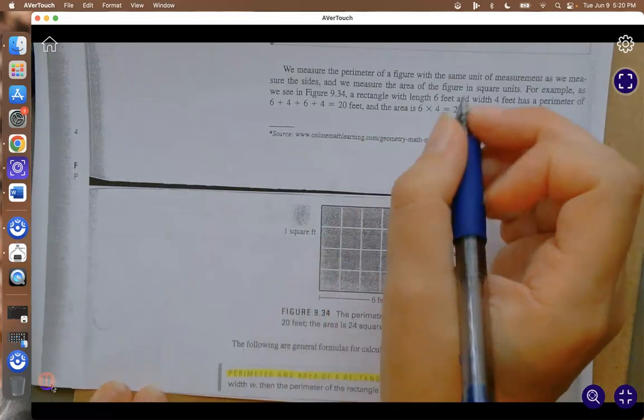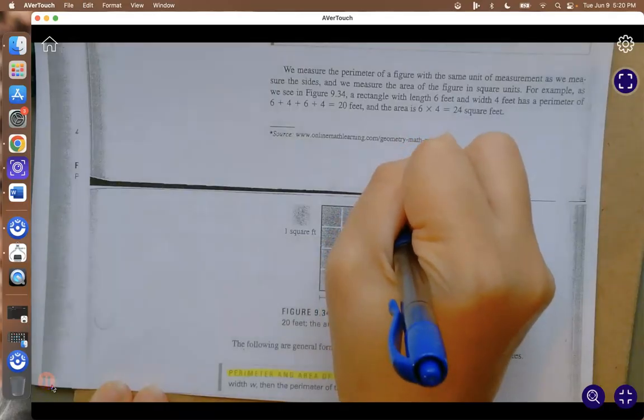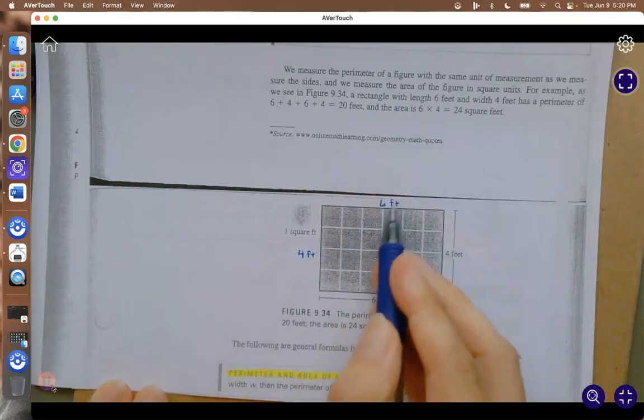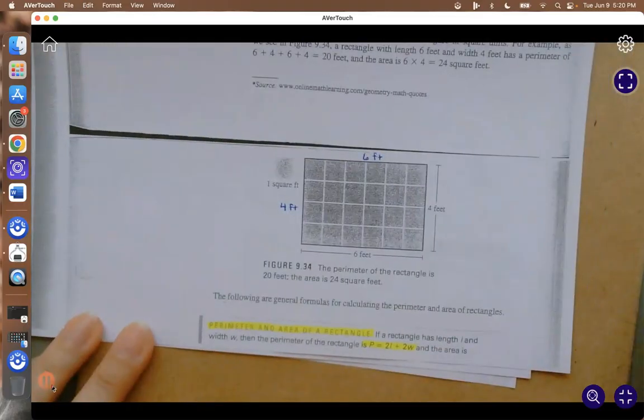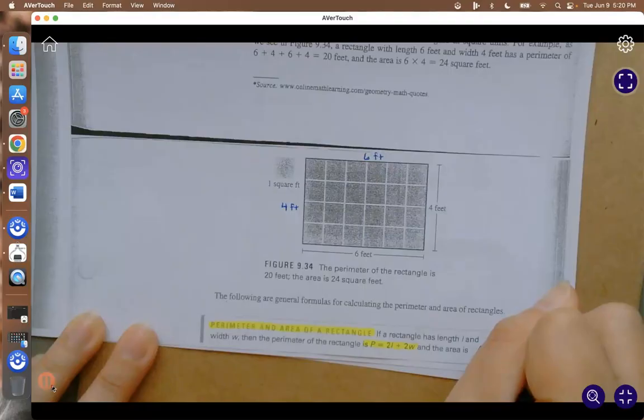She gets very excited. So you would have 6 feet here, you would have 4 feet here, so that's 10 and that's 10, so this would be 20 for the perimeter, 20 feet. Okay, the area, the bottom of this got cut off. The area of a rectangle is A equals length times width.